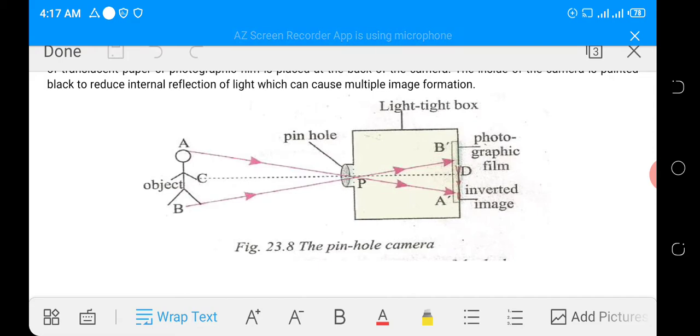From the diagram, it is PD, and it is denoted with the letter V. Then the height of the object is denoted with HO, and it is given by AB in the diagram. Then the height of the image is A prime B prime, which is denoted with the letter HI as shown.